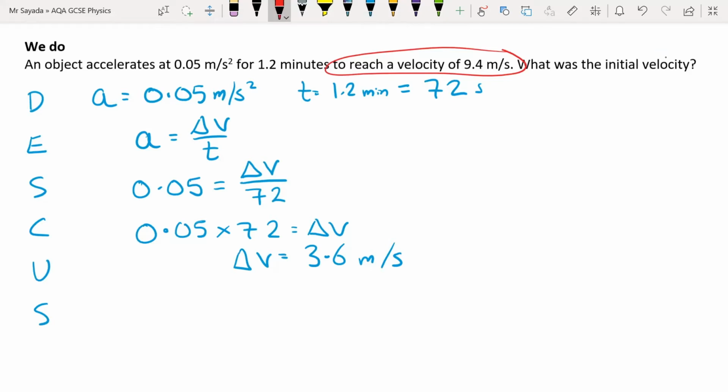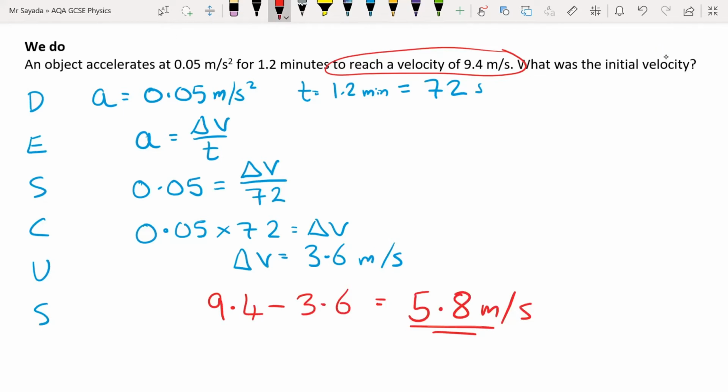So if 9.4 is the final velocity, we need to minus off that 3.6 to find out what the initial velocity is. So we do 9.4 minus 3.6, and that is 5.8 meters per second. So notice that its initial velocity is slower than its final velocity because it was speeding up.